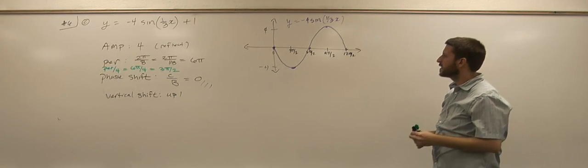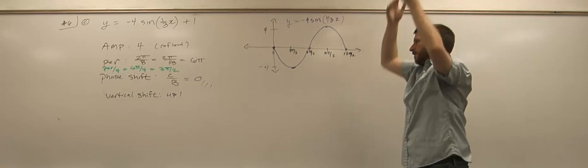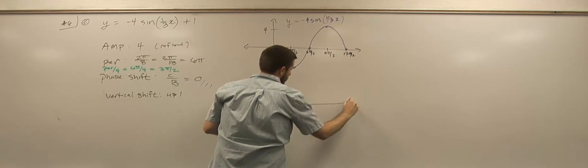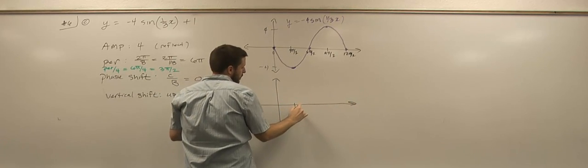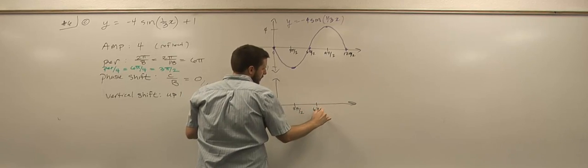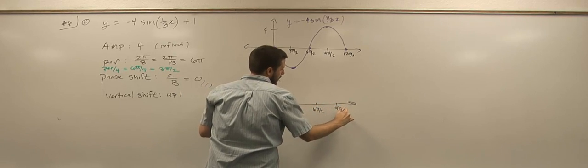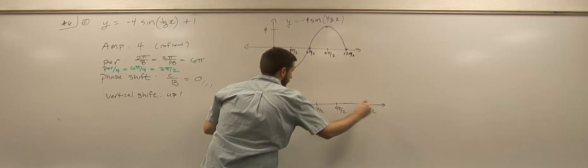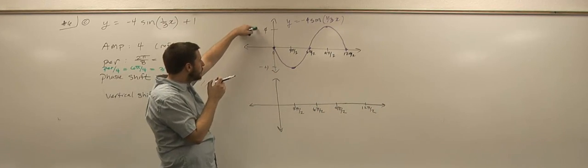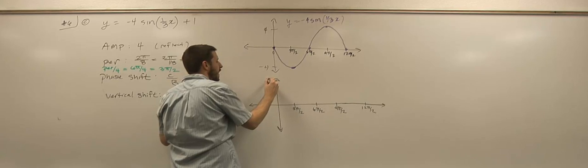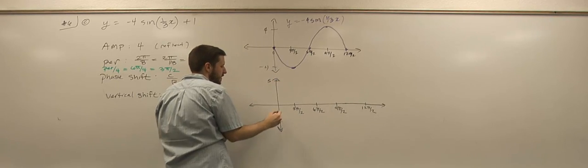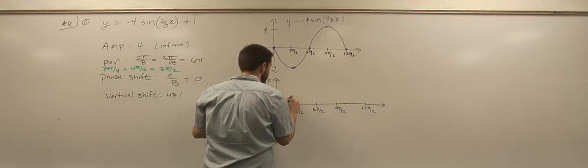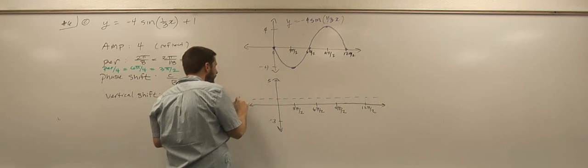What's the plus 1 on the end going to do? Move everything. Depending on how lazy you are, you can draw that on the same axis. I'm actually very lazy, but if I do that on the same axis, you probably have no idea what I drew. Draw it again. So now instead of bouncing between 4 and -4, I'm going to go all the way up to 5 and down to -3 because everything's getting shifted up one. I usually draw my new axis, this y equals 1 line.